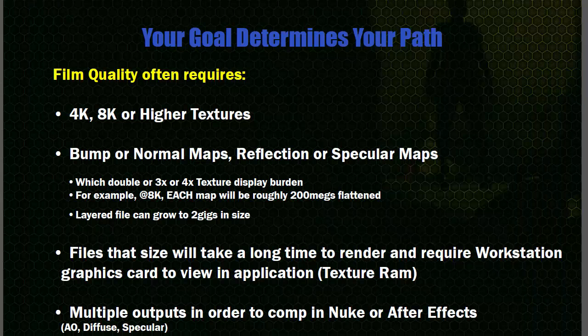So as I said, if you're doing film quality, it's normal for you to have bump or normal maps, a reflection pass or a specular pass, as far as texture maps. Each one of those maps, if done at 4K or 8K, can fill up a hard drive easily, and also result in a lot of render time.